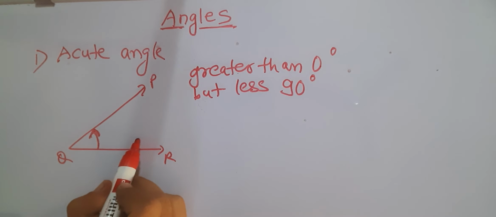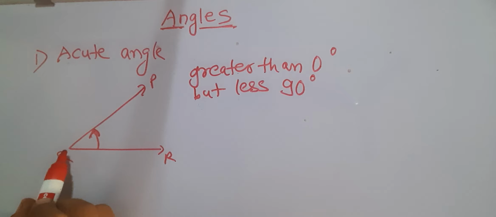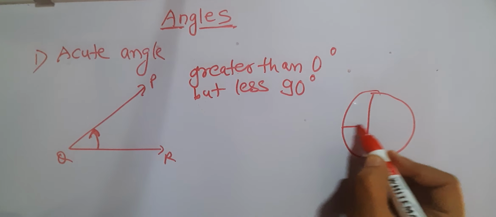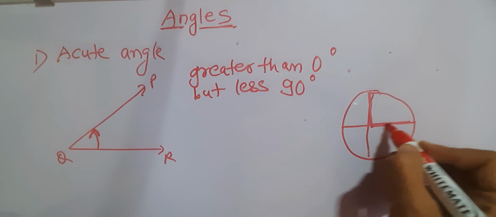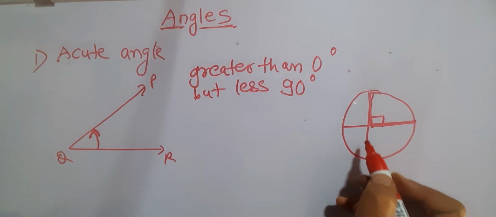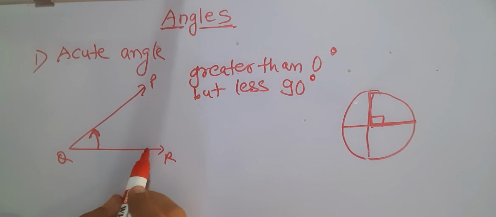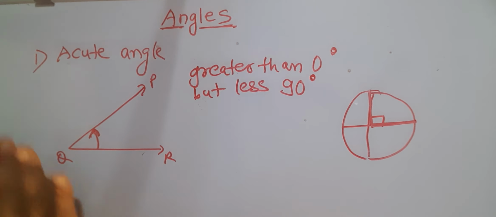Suppose this is a circle, and for this circle I can say this is one angle because two lines are meeting. So we can measure how many degrees this angle is, and if it is 20 degree, 30 degree, 40 degree, we show it with a degree sign here. So in this case PQR, the angle it is making is less than 90 degree and greater than 0 degree. So we can say an acute angle is formed here.